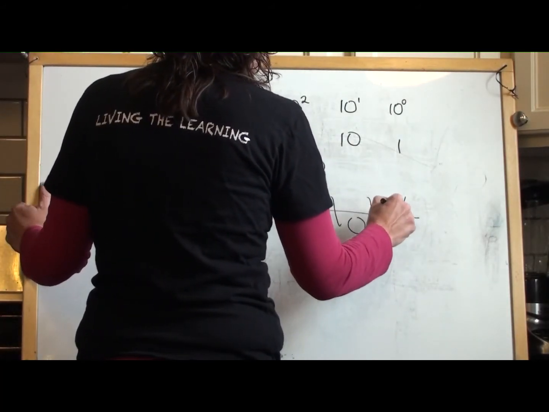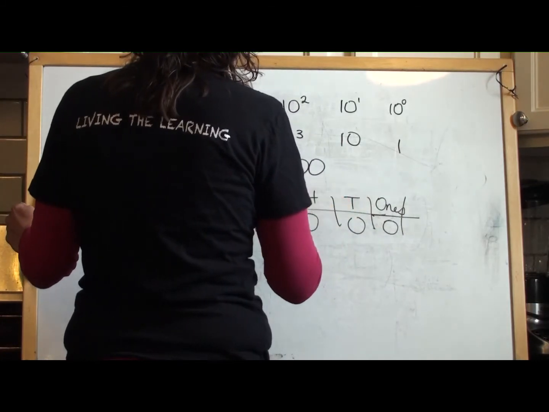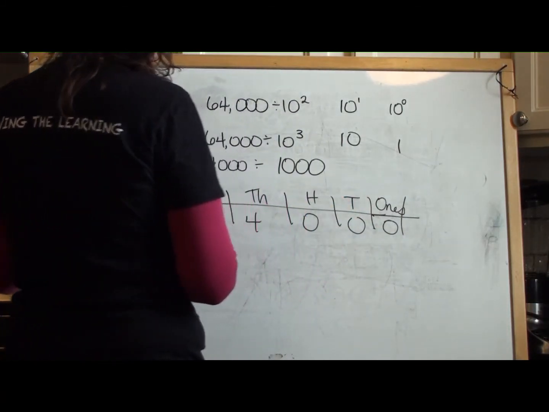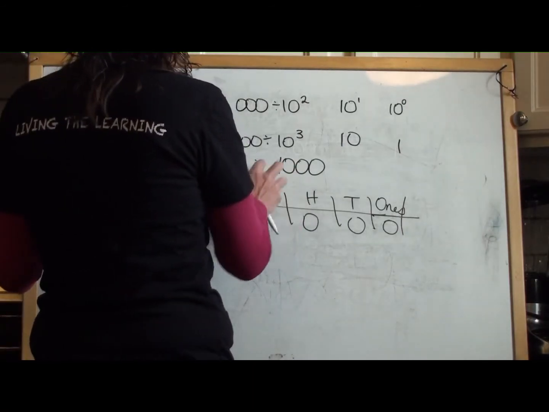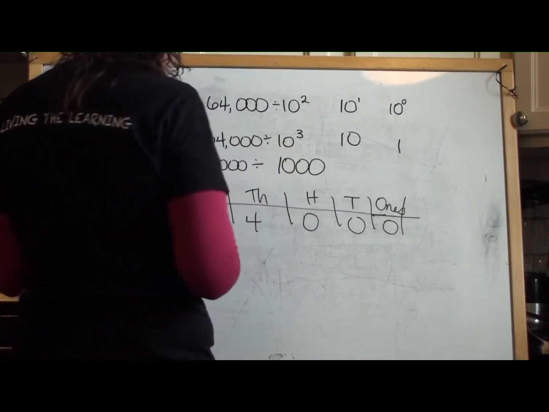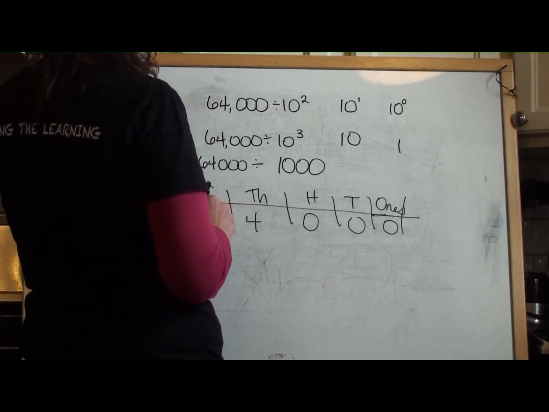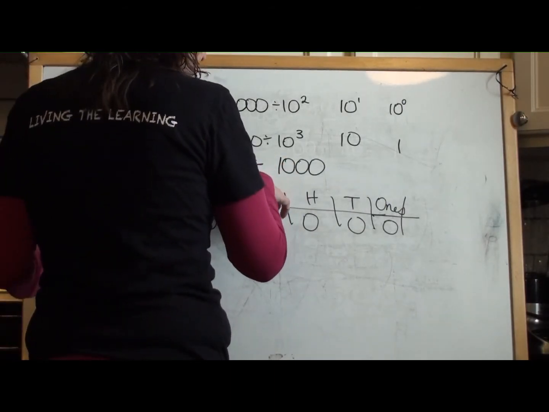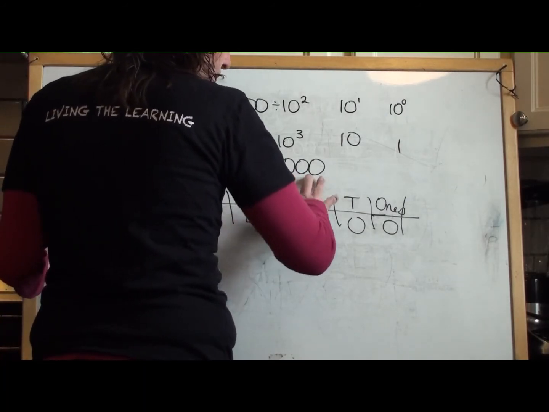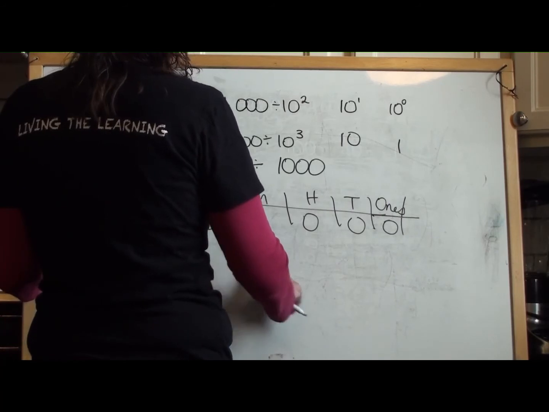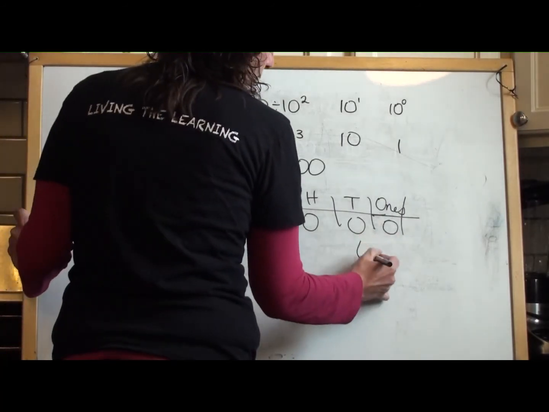Again, there's my ones, tens, hundreds, thousands, 10,000s. And I'm moving smaller, 10 times smaller. Remember, this was from number corner about 3 weeks before we left on break. So I'm getting smaller by 3 place value columns. So 1, 2, 3.